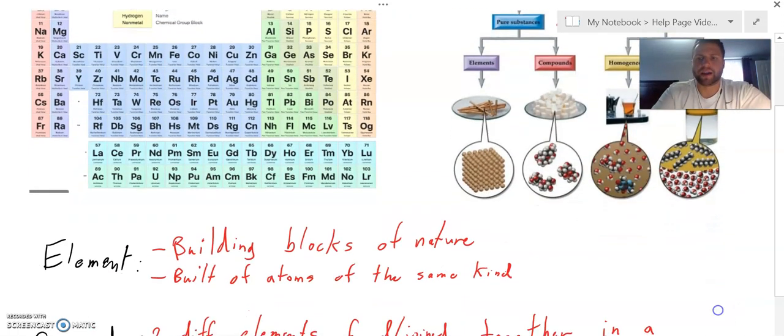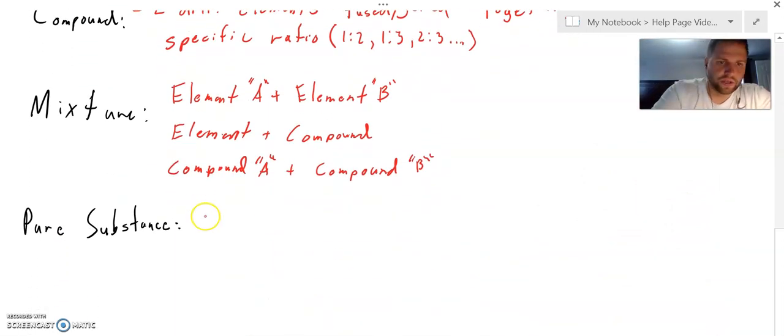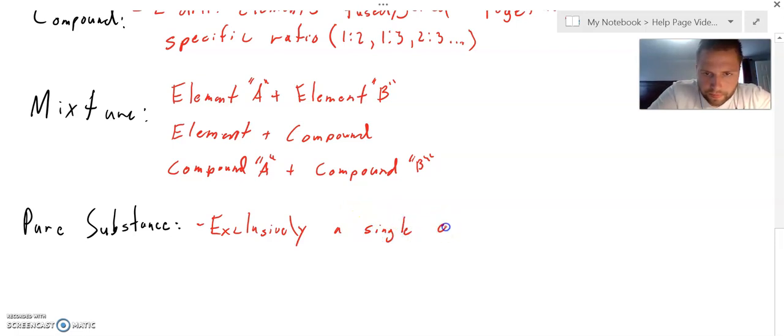And if a mixture combines two different things, a pure substance is going to be either exclusively an element, a single element, we could say, or it's going to be exclusively a single compound.